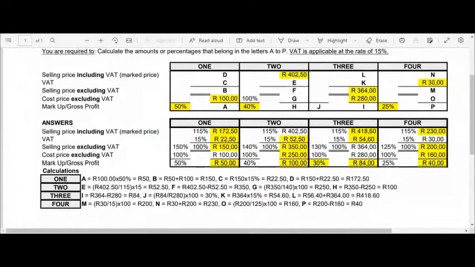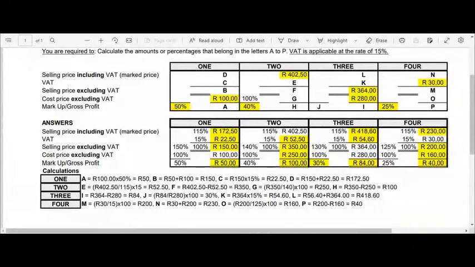Right, so there we've got our first answer for number A. Then, ladies and gentlemen, the selling price excluding the VAT will be the cost price plus the gross profit. That gives us 150 rands. Right, easy peasy this one so far.